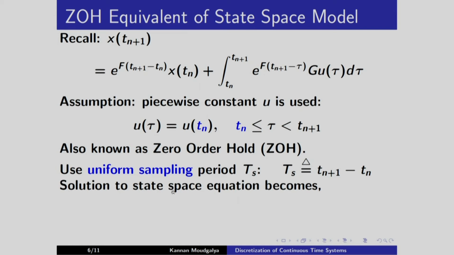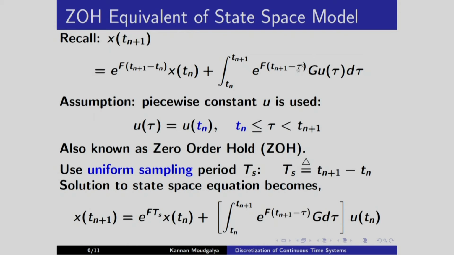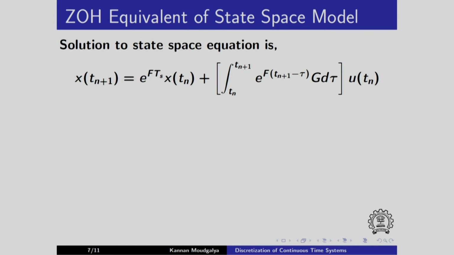So the solution to our state space equation becomes the following. There is no change in most places, only here it changes to f of Ts, and there is no change in the second one, except that now u is constant over the interval Tn to Tn plus 1, and it takes the value of u of Tn because of this assumption. So here is the solution that we derived in the previous slide.